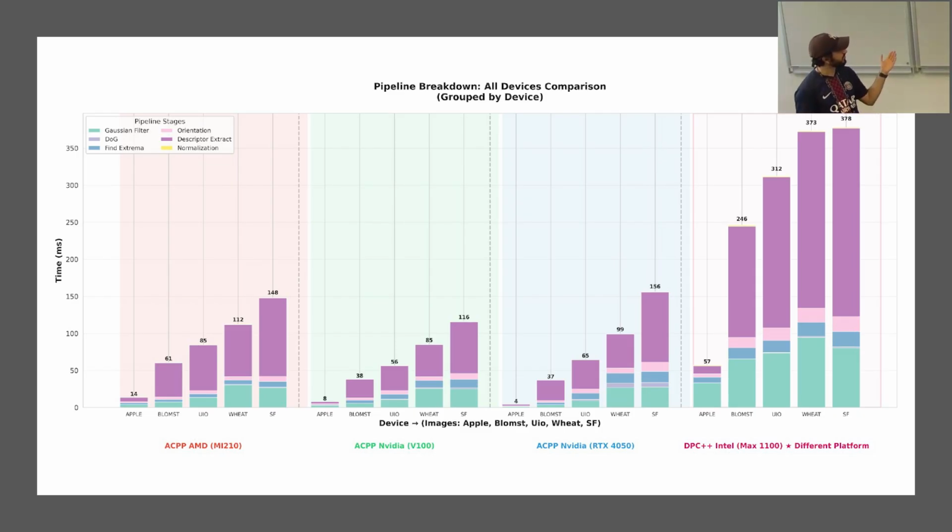And I did some benchmarking on the different vendors. The scaling is consistent, but I don't know why the DPC++ on the Intel GPU was so slow. If anyone from Intel could comment on it later, I would highly appreciate it.